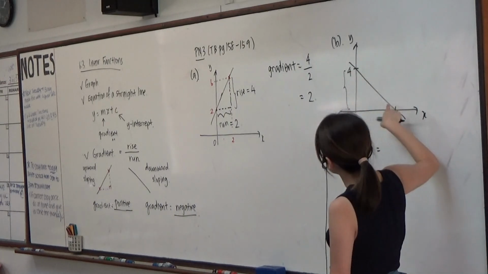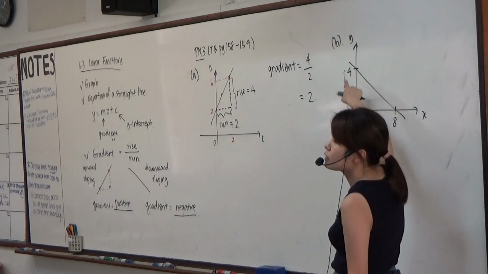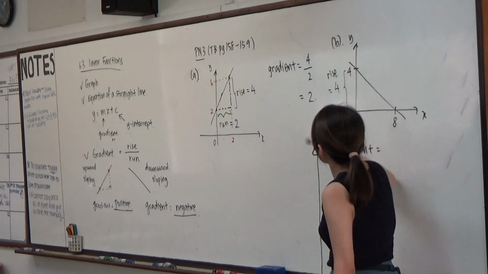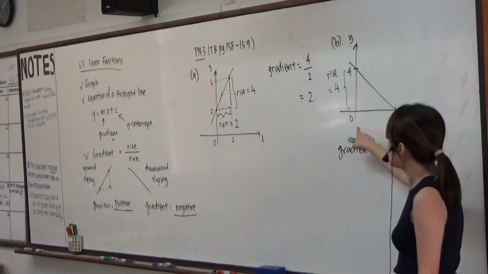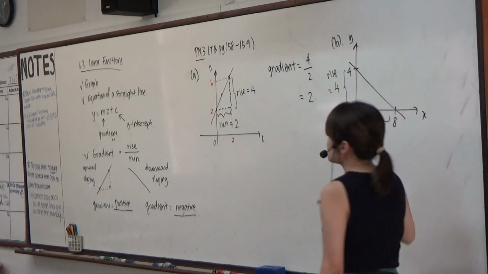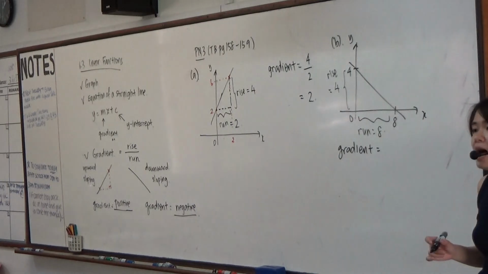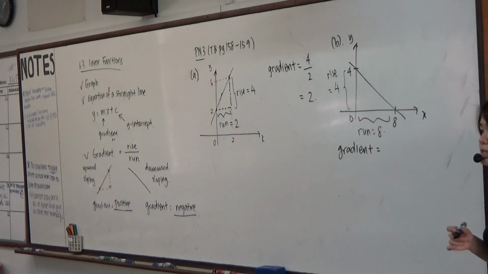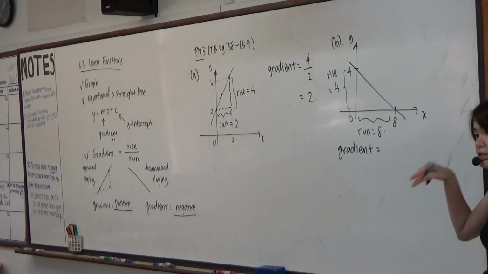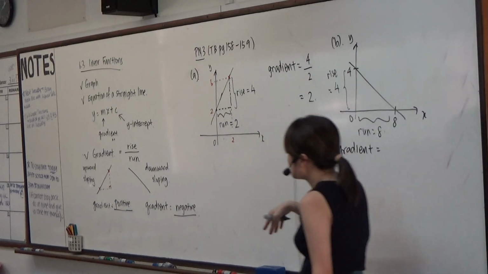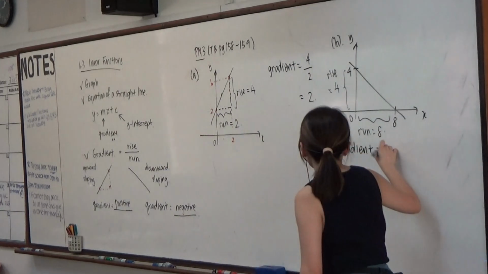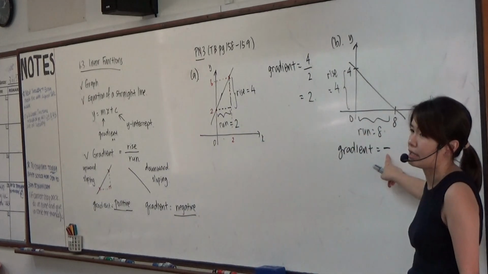Okay, for this right angle triangle the rise is from 0 to 4, and that is 4 units. And for the run, it is from 0 to 8. Okay, so 8 units. However, something that we must observe is that this line, is it going up or going down? Down, right? So if it's going downwards, the gradient must be negative. Therefore, we must intentionally put in the negative sign.